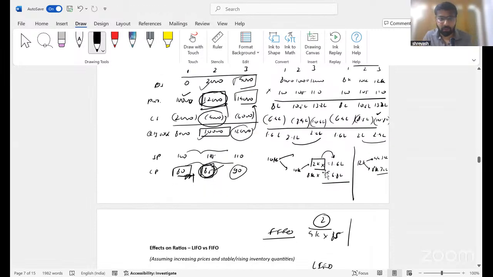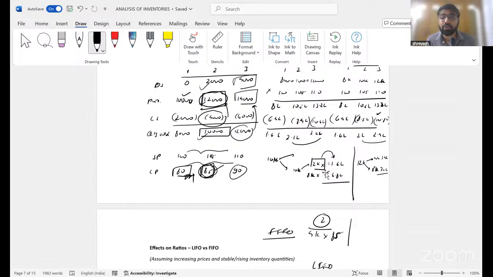I'll quickly repeat myself. What is going to happen in LIFO? In case of LIFO, what do I have as closing stock? I have 4,000 as closing stock. In LIFO, the first priority is going to be the purchases of this year. So the 10,000 sold this year is going to be completely out of this year's purchases. That means 2,000 will be left from this year's purchases, and 2,000 is already left from the previous year.